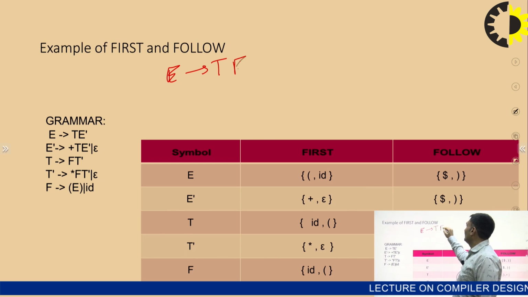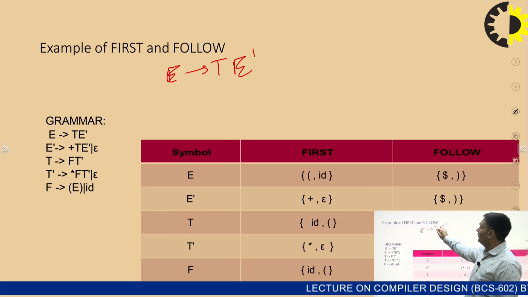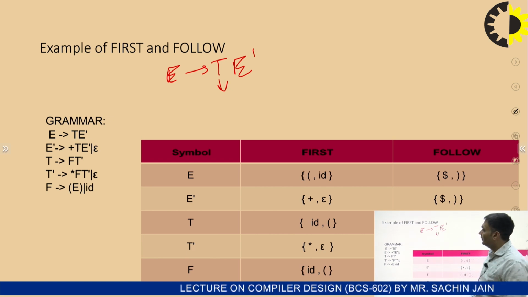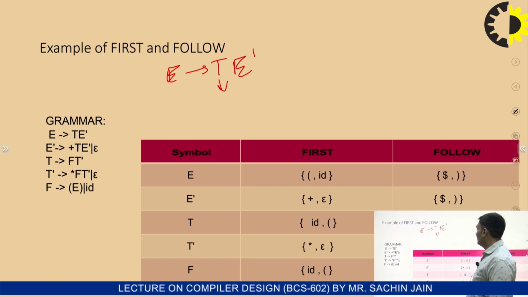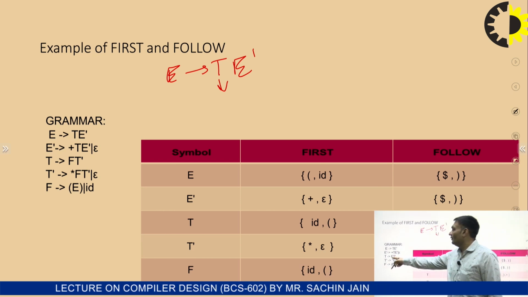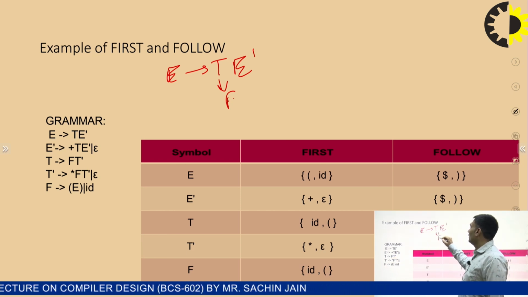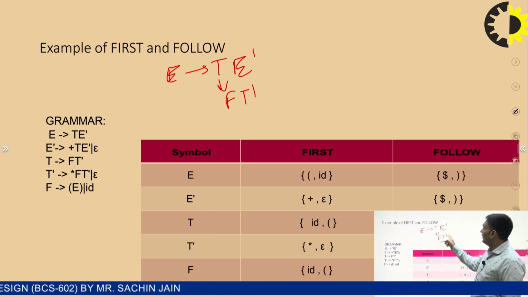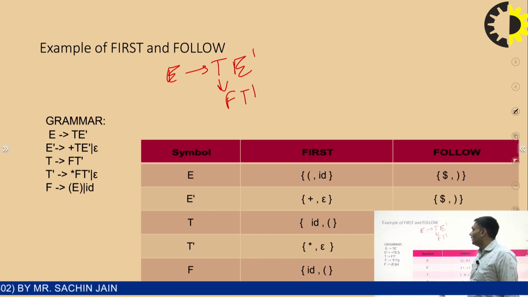T E dash. Here we can see that this T is not a terminal. Then what is the generating terminal with this T? Here we can see T generating F T dash. Here we can see again F is not the terminal. Then what is F actually generating?